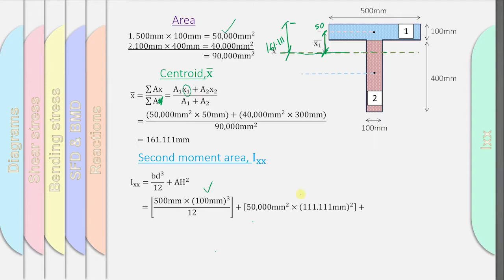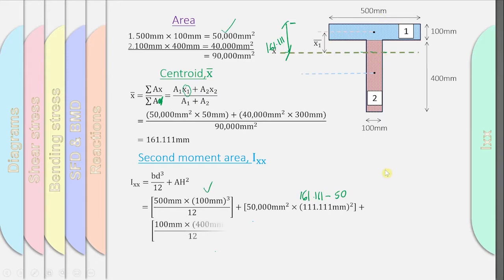Jadi 161.111 minus 50. Minus 50 ni. So you akan dapatlah jarak x1 bar, which is 111.111. And then we going to do for the second area ni pula.